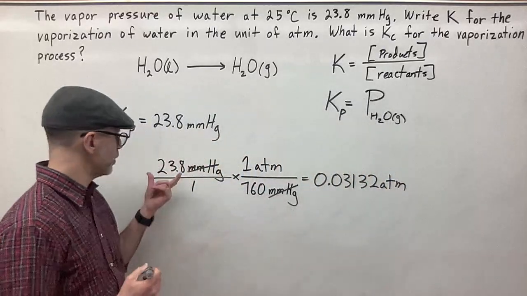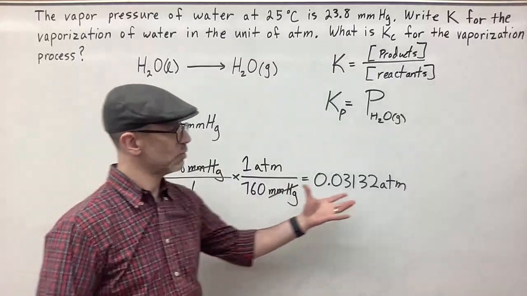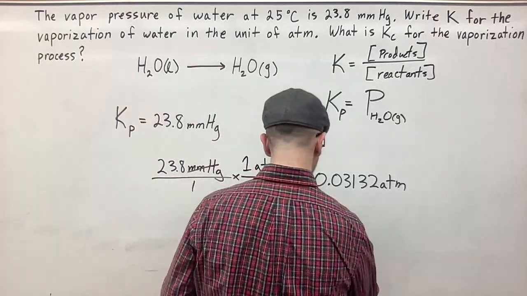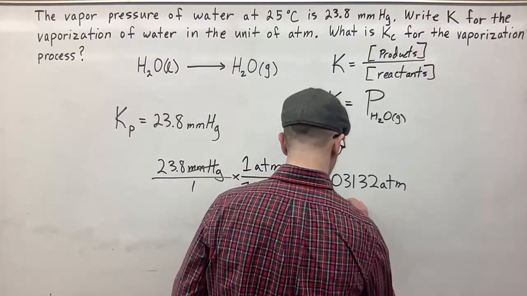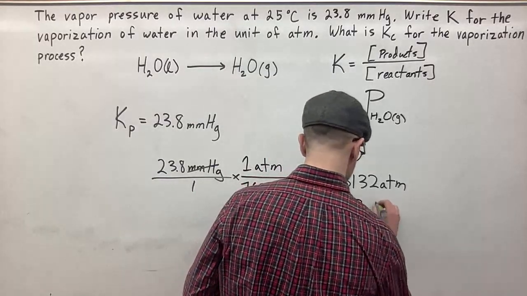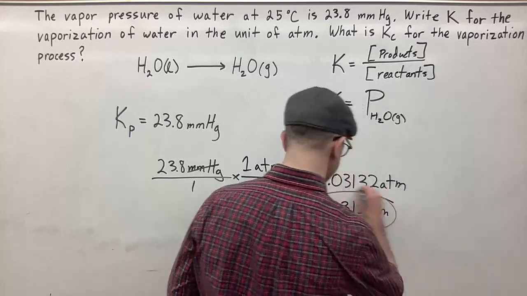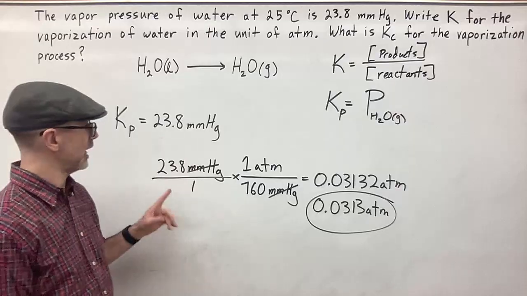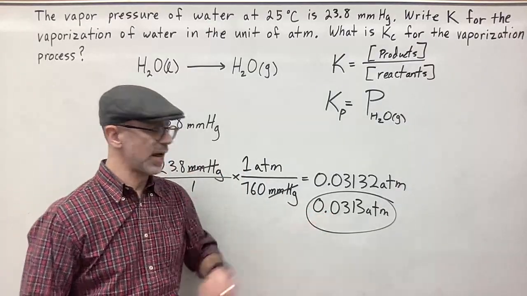And since we have 3 sig figs here, then technically we would limit this to 3 sig figs. So the final answer would be 0.0313 atmospheres for that. Okay, so that would be our Kp value. The Kp is equal to this in atmospheres.